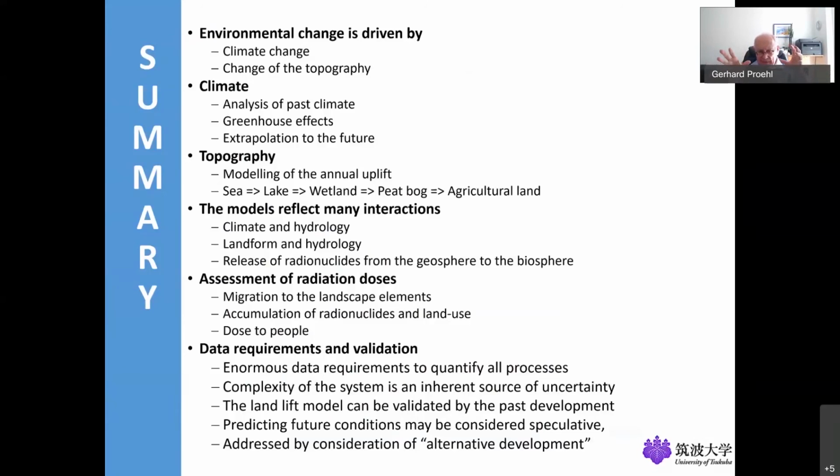However, the land uplift model can be validated relatively easily due to the past development. However, predicting future conditions for the climate is always a bit of a speculative element. However, this speculative element can be overcome if more climate pathways are taken into account, as was done by the Swedish colleagues.